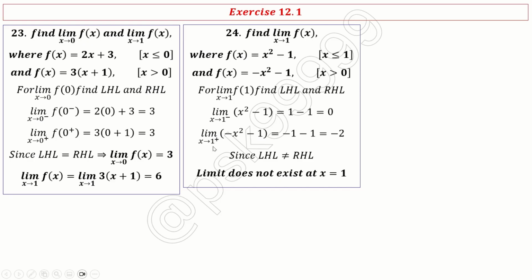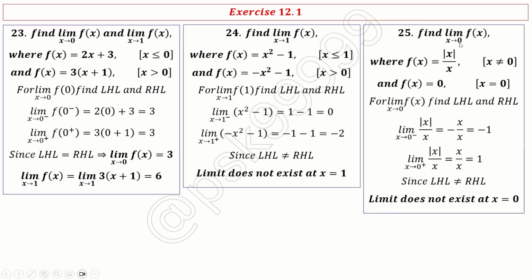Limit x tends to 1 plus, sorry, this is not greater than 0, this is greater than 1 actually. In this case, I have to take minus x square minus 1. If I substitute 1 here, it will become minus 1 and minus 1, which is minus 2. In this case, LHL is not equal to RHL. Left hand limit is not equal to right hand limit. So limit does not exist at x equal to 1.